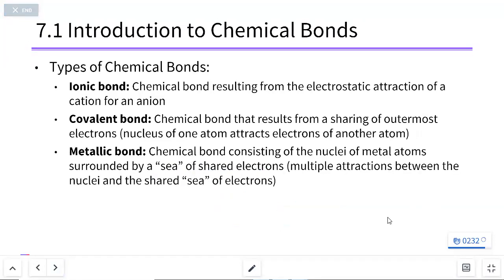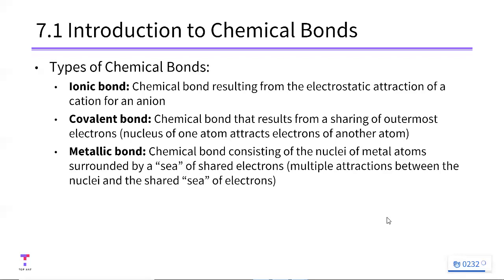So let's look at the three different types of chemical bonds. Now, we were already aware of two of them. We went through nomenclature. We talked about ionic nomenclature and covalent nomenclature. Ionic nomenclature for ionic compounds. Ionic compounds feature ionic bonds. These are chemical bonds that result from an electrostatic attraction between a positive ion and a negative ion.